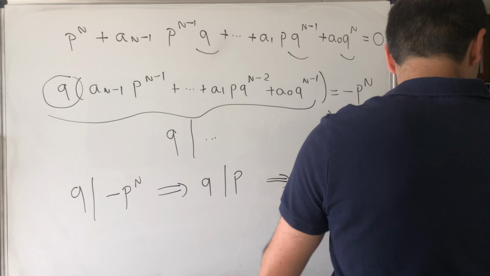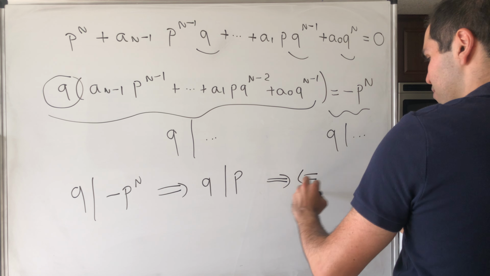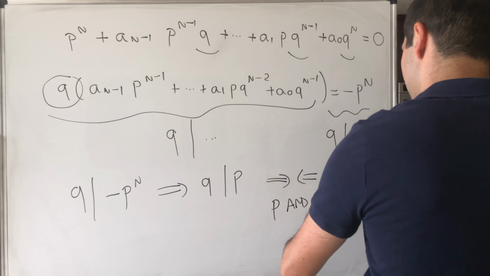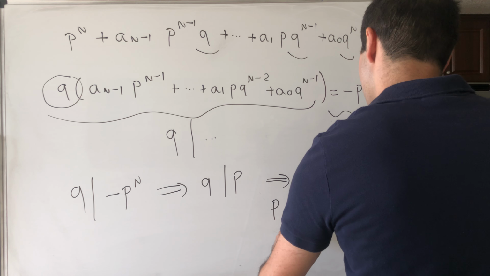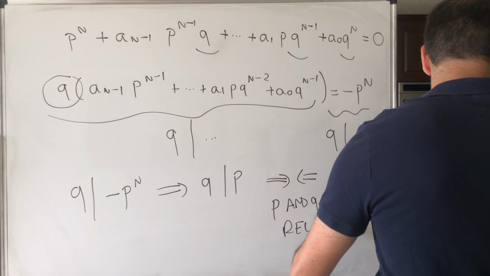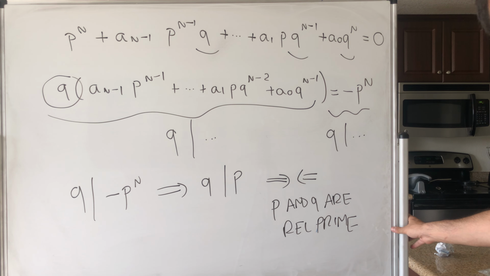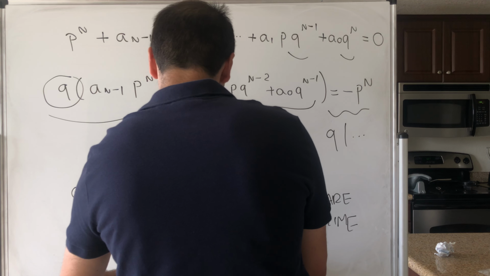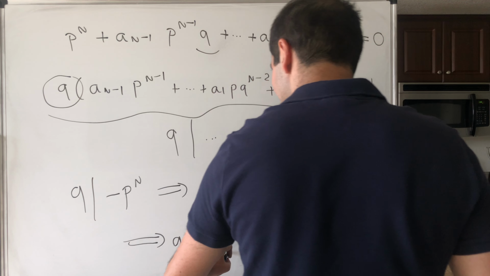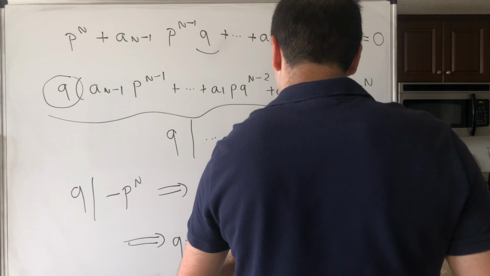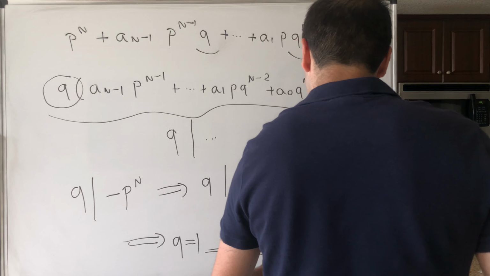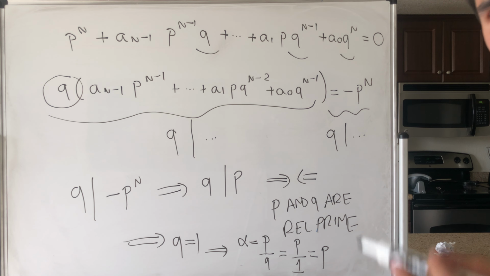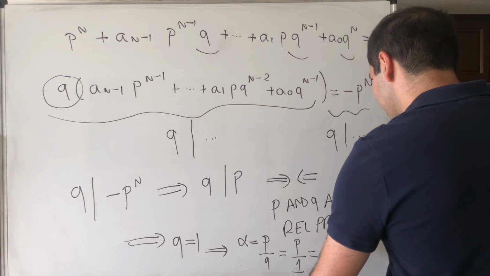So this contradicts the fact that p and q are relatively prime, unless q is 1. So in particular, q equals 1, but what does that tell you about the root? Alpha is p over q, and that is p over 1, and that is p. So the rational root we assumed exists is actually just an integer.